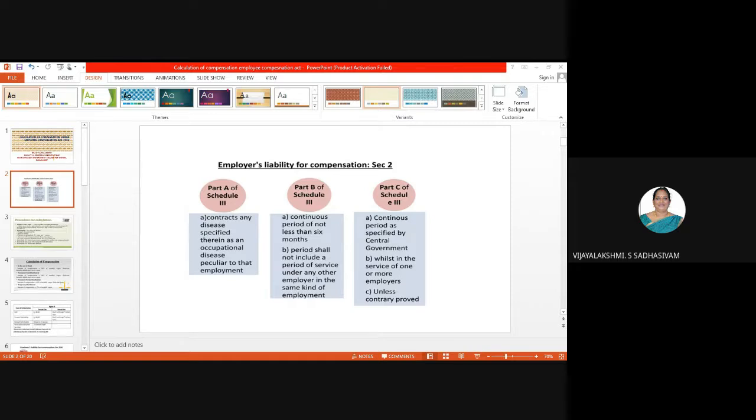Regarding this employment, the diseases which are covered under Part B are related to phosphorus or mercury or benzene or radioactive substances or nitro or amino toxic derivatives of benzene, and it also includes carbon disulfide or nitroglycerin or some other nitro acids.